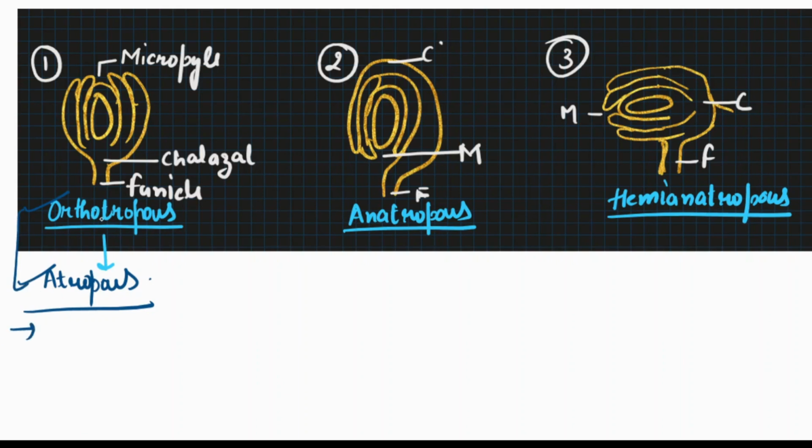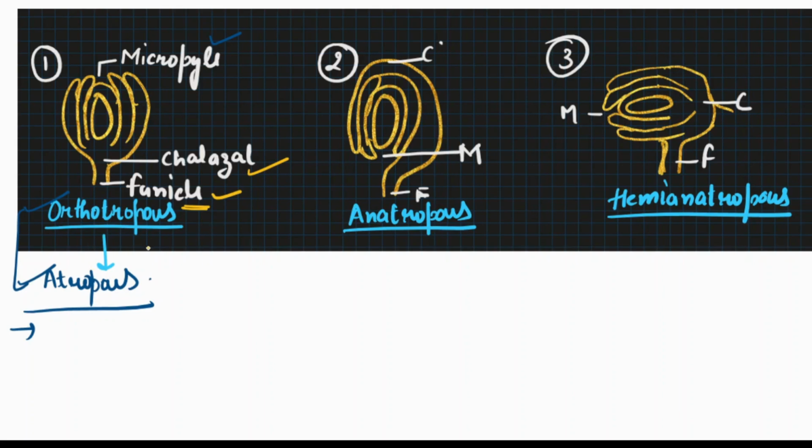In Orthotropous ovule, if you see the structure of the ovule, we already covered the one end is the micropyle end and second end is the chalazal end. Okay, and these ends are opposite to each other. And the funicle part, what is the funicle part? This is the stalk by which the ovules are attached to the placenta. We have covered this in the previous lecture.